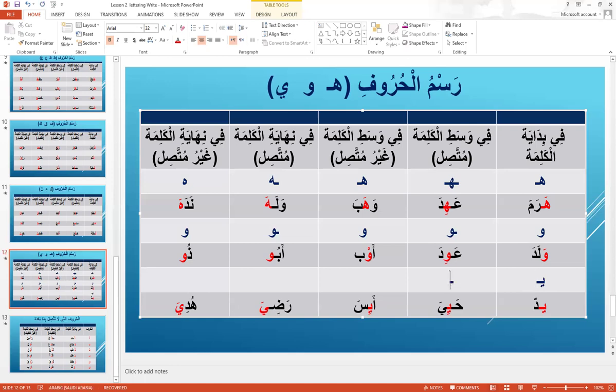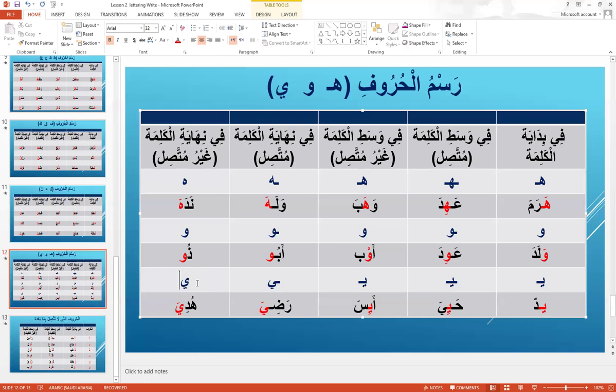So ya in the middle connected, ya in the middle not connected, then ya at the end connected, is going to be something like this. For the beginning, middle connected and middle not connected, it is written like ba, ta, tha. Then ya at the end not connected is written normally.